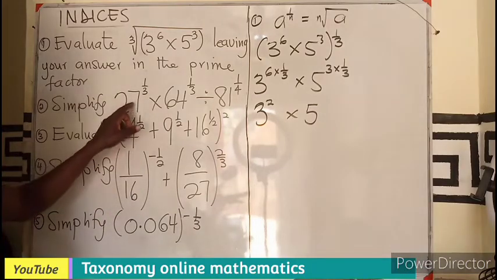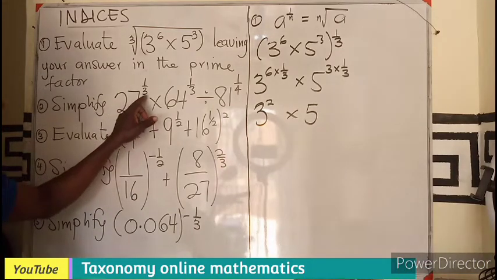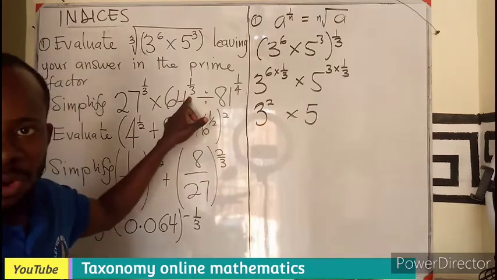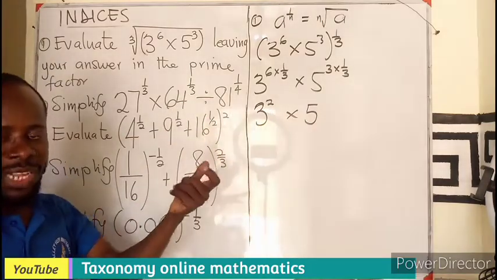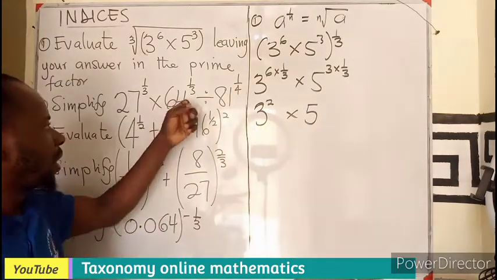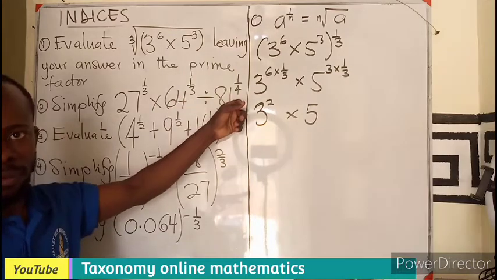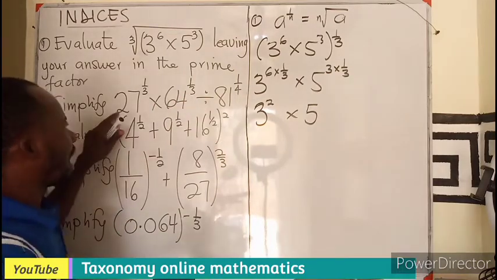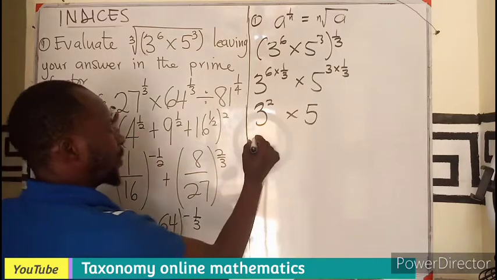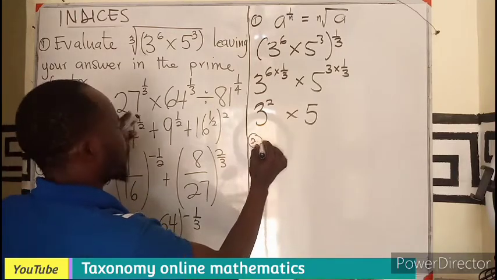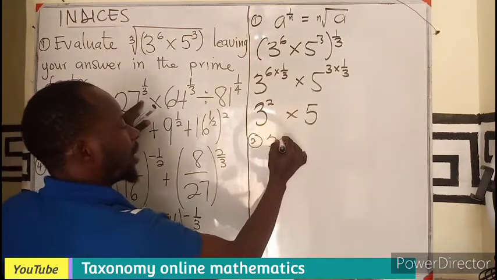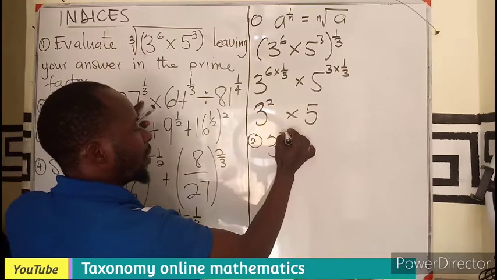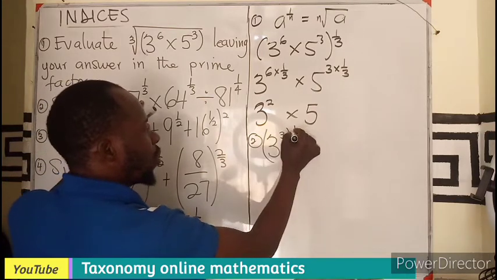Number 2, we have to simplify. This is a power of this, a power of this. We know when we have a fractional exponent, we call it the cube root, the fourth root, and so on. So that simply means that I can write this as 3 exponent 3, multiplied by 1 over 3.